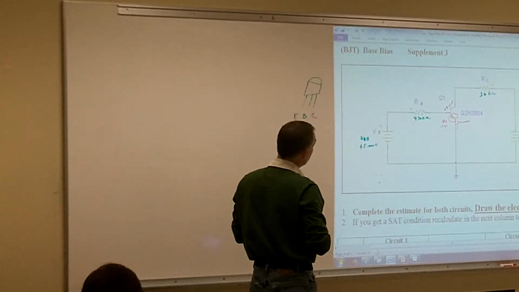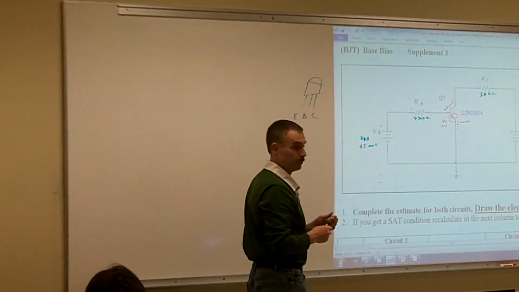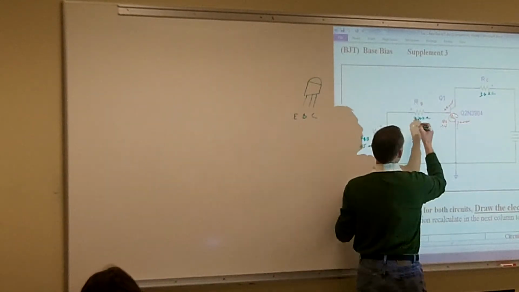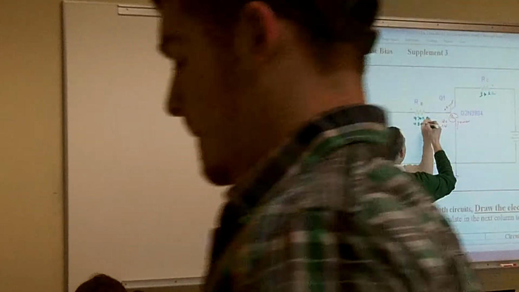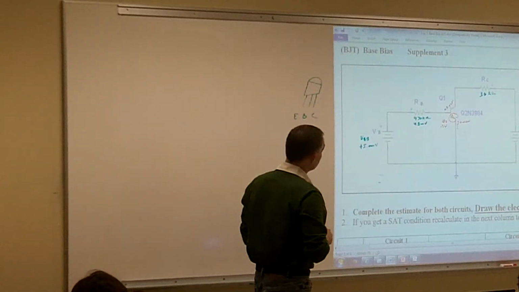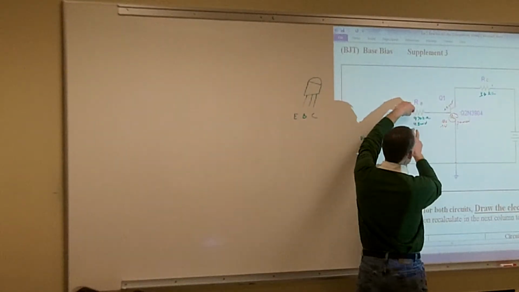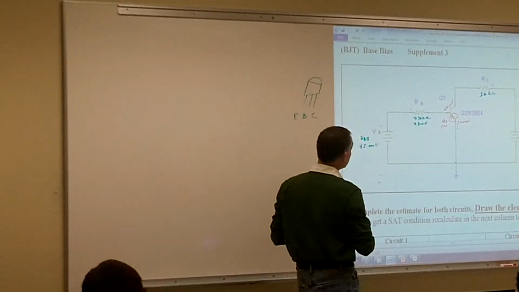So what's RB going to drop for voltage then? 4.3 volts. Now that you know those two things, we can determine our current. So what's my current going to be going through RB?